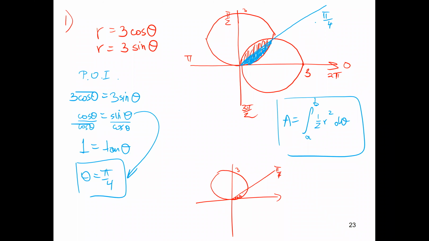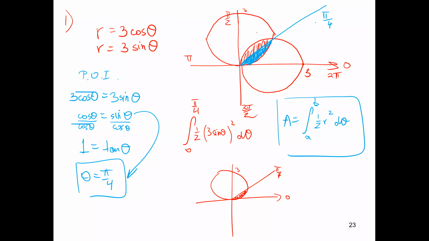And this is that part. It's an integral from 0 to pi over 4, and it's only bounded by the sine curve: 1/2, and then my r is just 3 sine theta, d theta.